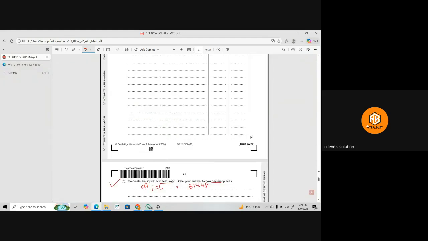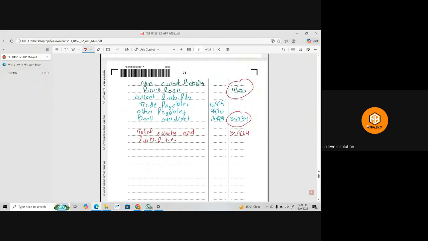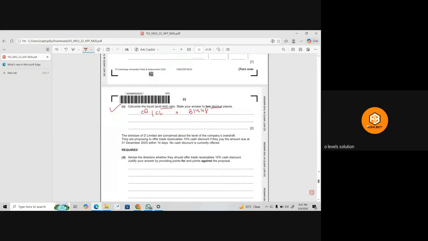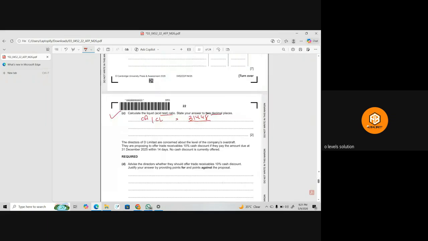And current liability is 35734. So this is equal to 31448 divided by 35734, which is 0.88. Definitely it is very low.